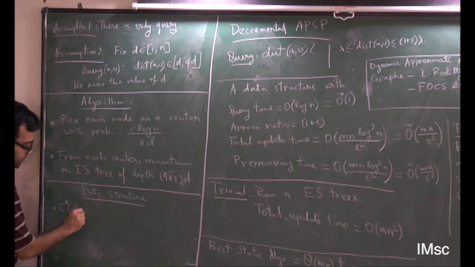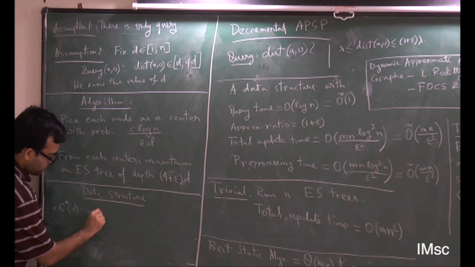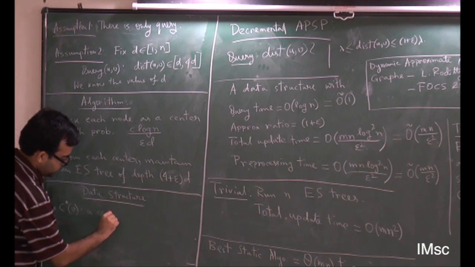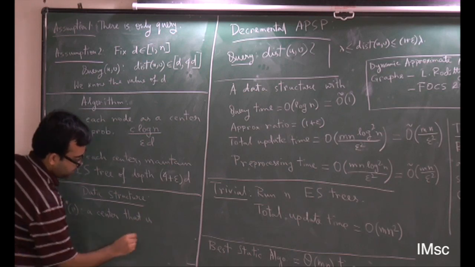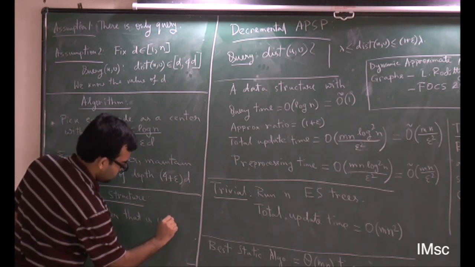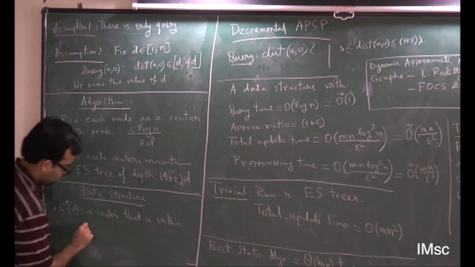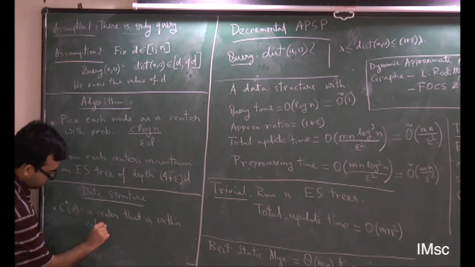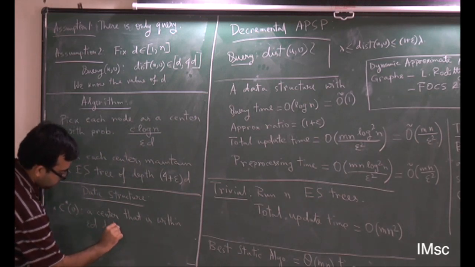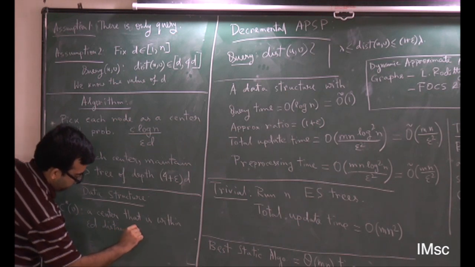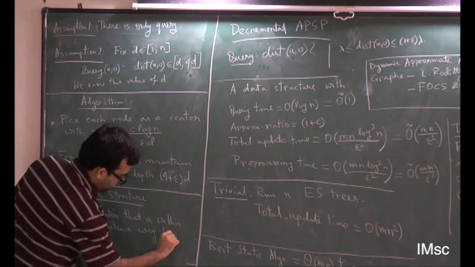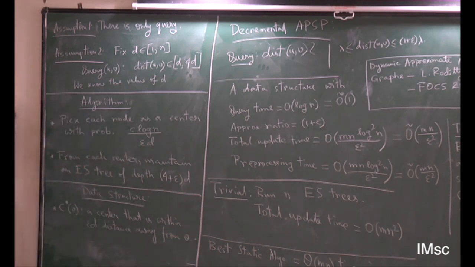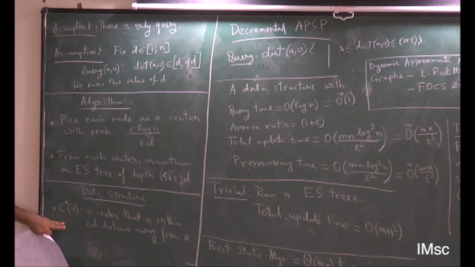This is a center within epsilon d distance away from v, if there is any; we do not know for sure if there will be any.